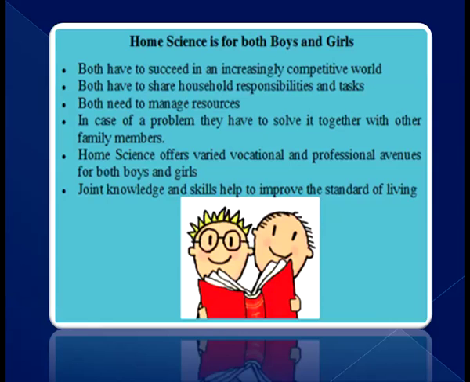In case of a problem, they have to solve it together with other family members. So home science offers varied kinds of vocational and professional avenues for both boys and girls. Joint knowledge and skills help to improve the standard of living.